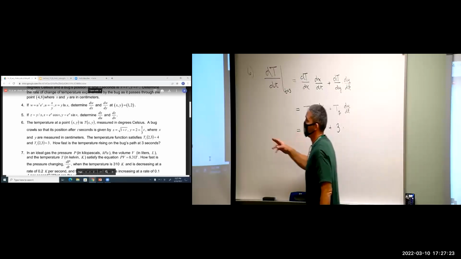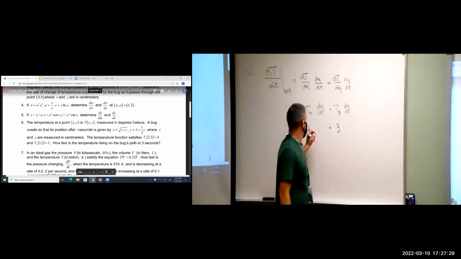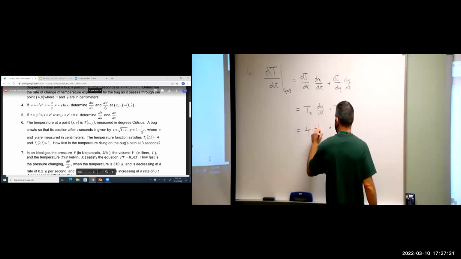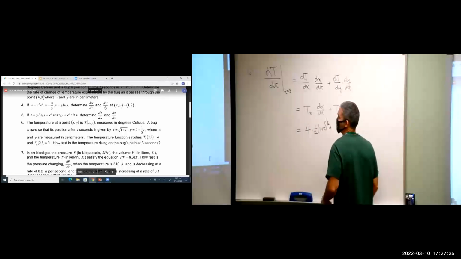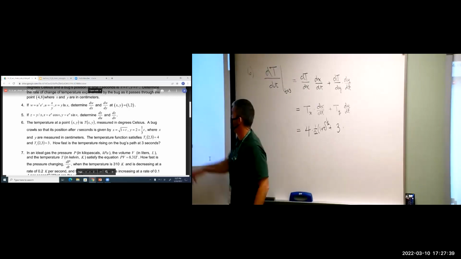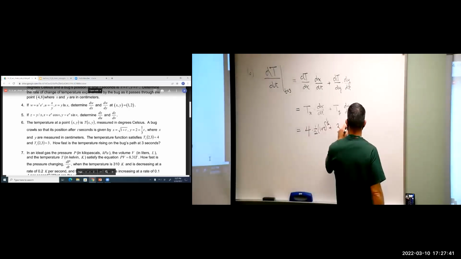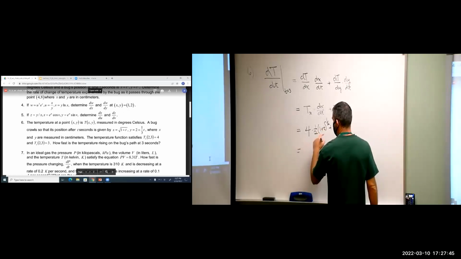Well, dx/dt, this is a single variable calculus problem, right? This is (1 plus t) to the 1/2, which is 1/2 times (1 plus t) to the minus 1/2. And here, well, that's just linear. The derivative of that is 1/3. We're plugging in 3 for that guy, right? Because we're doing it at t equals 3.